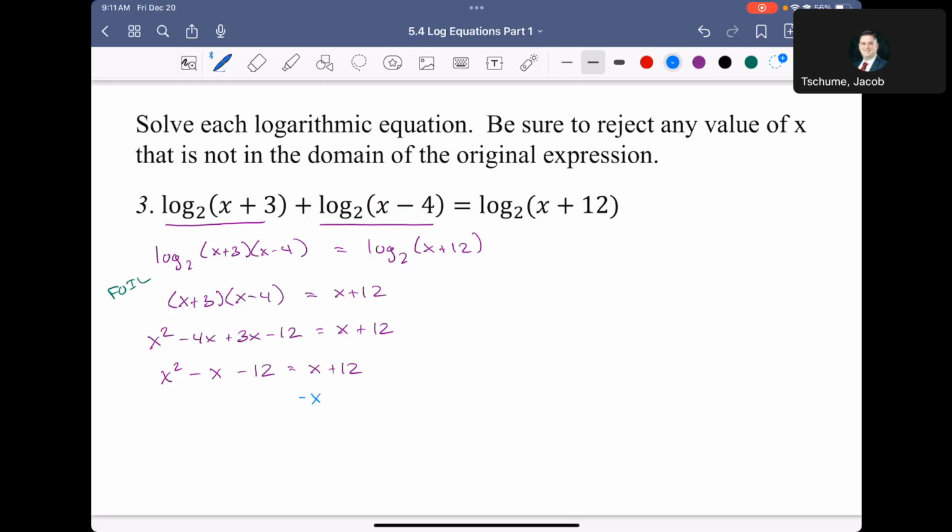So to make this equal 0, I'm going to move the x and the 12 over by subtracting. So I have to do that on both sides. So that cancels, and you are left with x squared minus 2x minus 24 equals 0.